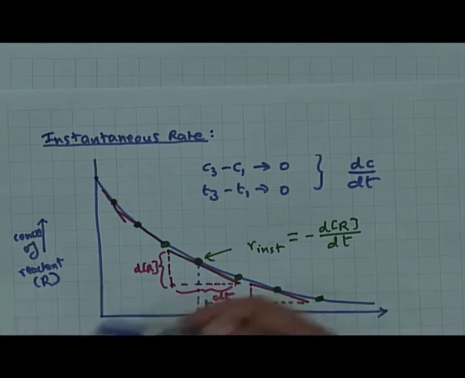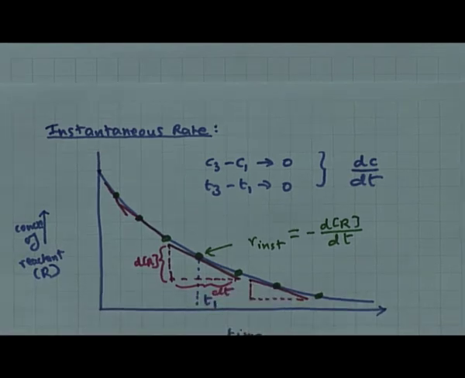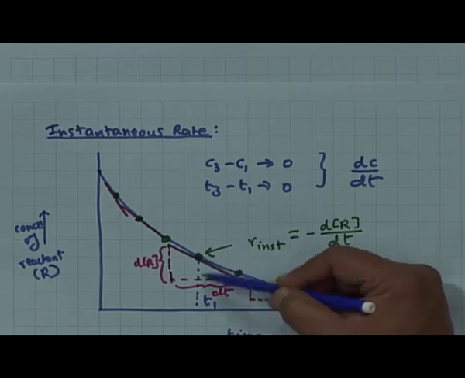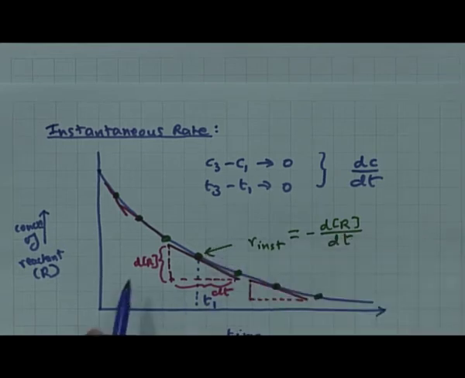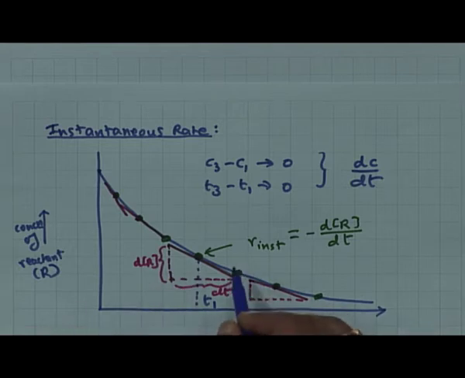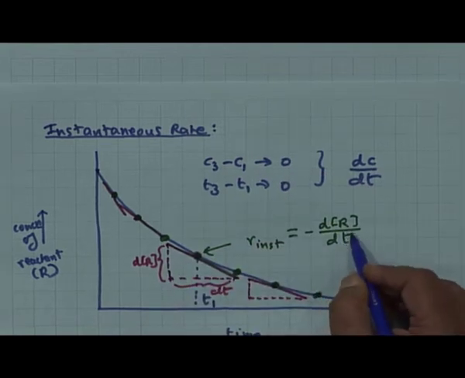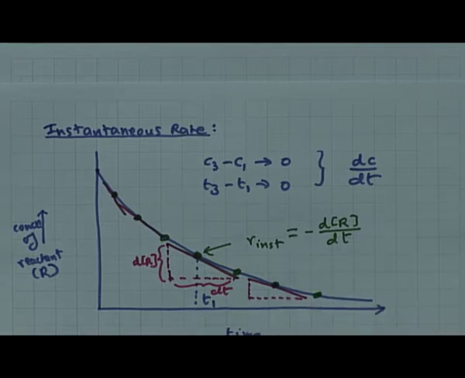For example, if you would try to get the instantaneous rate here, at T1, then you would draw a tangent at T1, and this R instantaneous, the instantaneous rate, is equal to the negative of d[R] over dT, where R is your reactant and the brackets mean the concentration of the reactant.